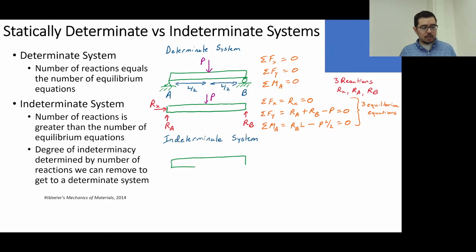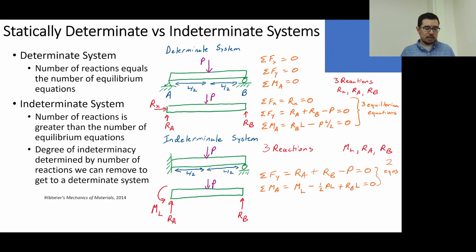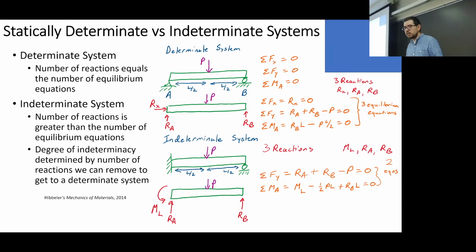That is one way of looking at it. An indeterminate system, if we do all the math out, what we'll see here is that we have 3 reactions, these are external forces plus a moment, and 2 equations. So this is indeterminate. We can't solve this without some additional information.